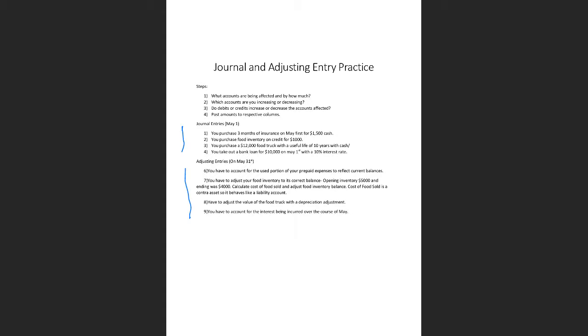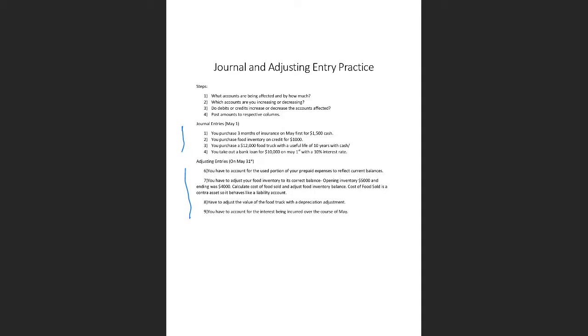For example, if you purchased equipment on credit, this was obviously a purchase transaction. What did you purchase? Equipment. And how did you pay? You didn't pay cash, which means it's affecting your accounts payable.